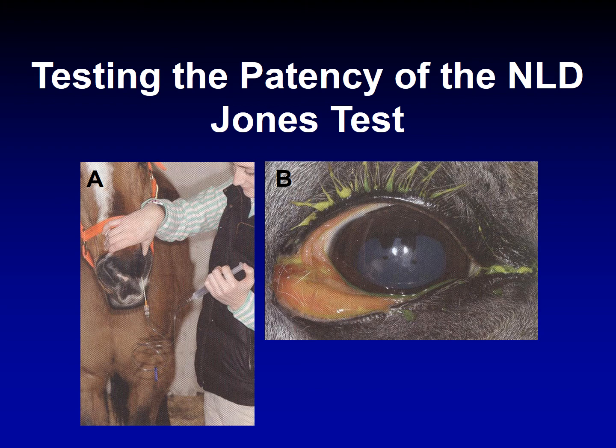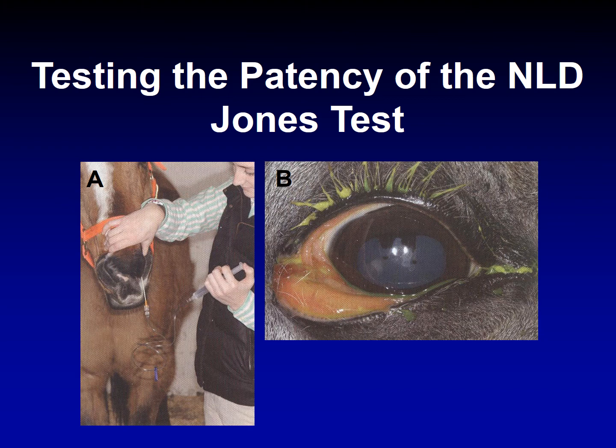But the key is that if the stain passes all the way from the nostril to the eye, that means the nasolacrimal duct is open and it's patent, and that's a positive Jones test. If the stain could not pass to the eye through the duct, that means it's a negative Jones test. So this test is very important and utilizes the opening of the nasolacrimal duct.